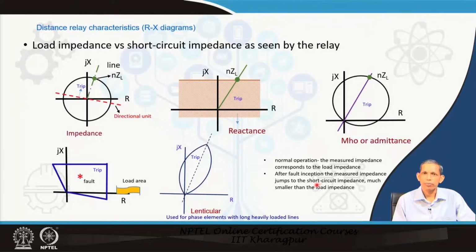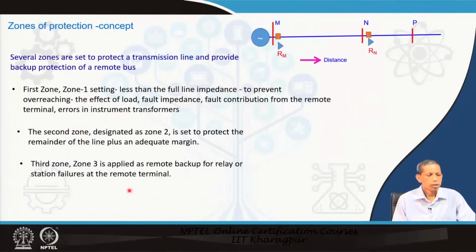But whenever a fault happens, the impedance becomes much smaller and goes inside the characteristics, and the relay distinguishes the fault situation from the normal load situation and makes a correct trip decision. Now, going further, the concept of zones comes into the picture. We have already defined zones in initial lectures, the area which the relay takes care of for the protection decision.